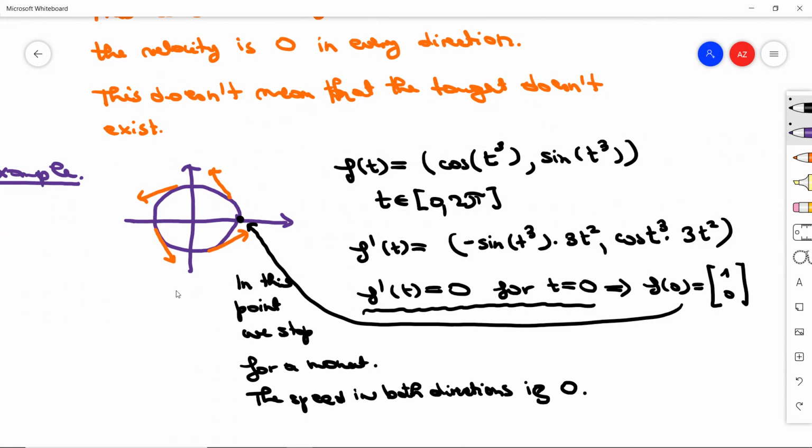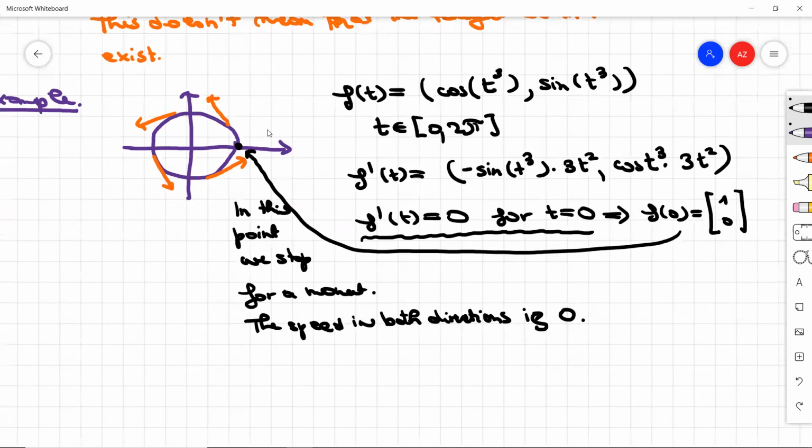But for other points, for other t's, this f derivative of t is non-zero, which means that everywhere else, only for t equal to 0 we don't get a non-zero tangent. So this specific parameterization tells us that the circle is nice in every point, only maybe in point 1, 0.